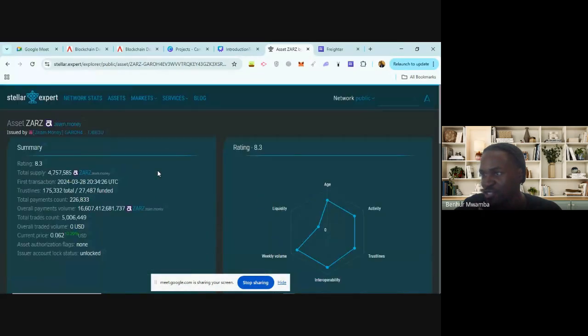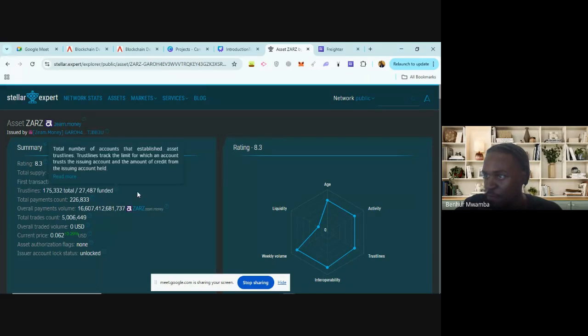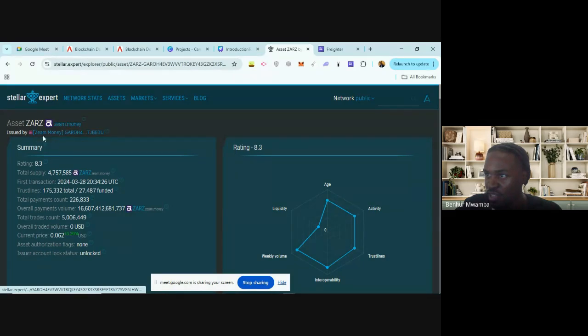Zozi is a stable coin, a Rand stable coin, one-to-one with the Rand. In here you can see who issued it. It's Zim Money. You see the address. You see the total supply, 4.7 million Rand.